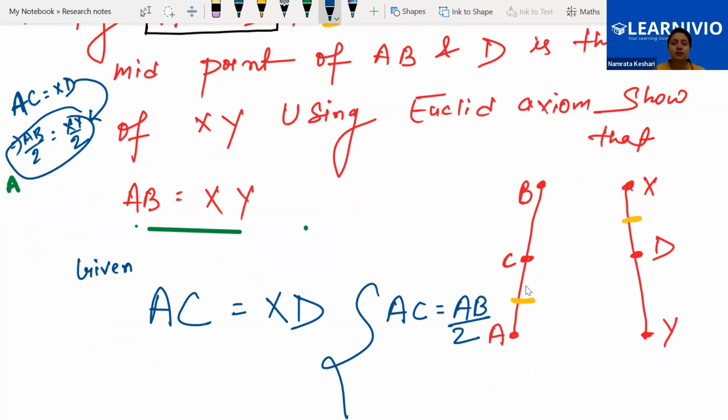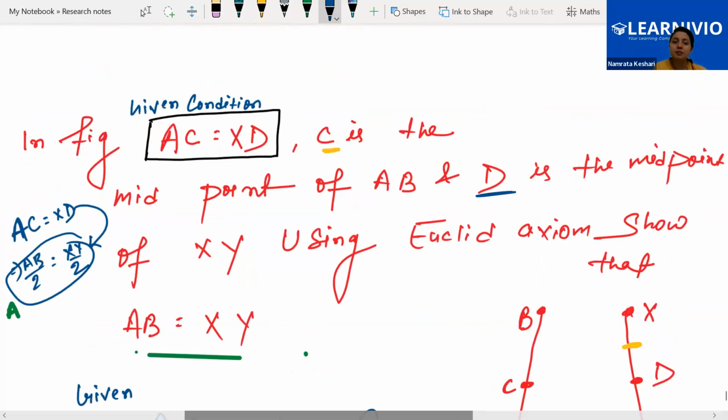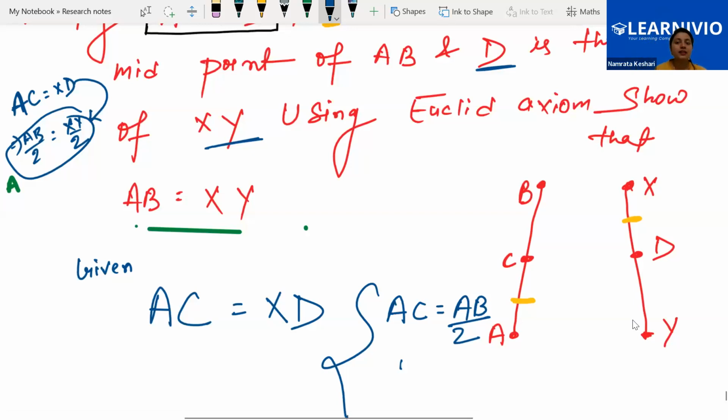Yes, ma'am. Now, since D is the midpoint of XY, the complete line XY, whose midpoint is D, can we write that XD is equal to XY by 2?